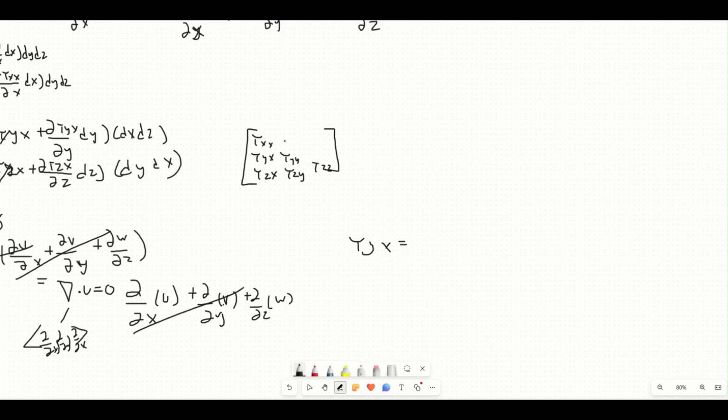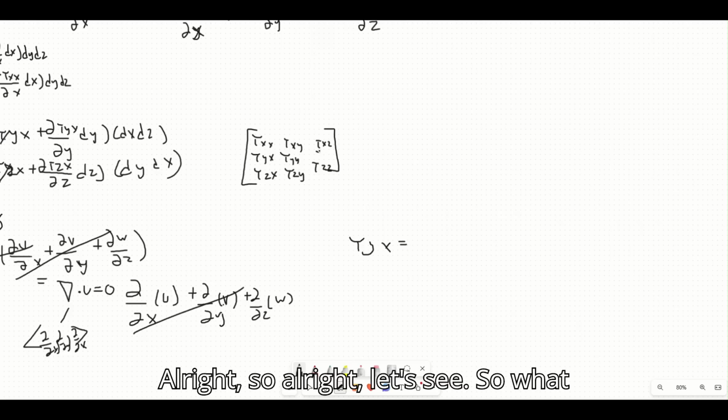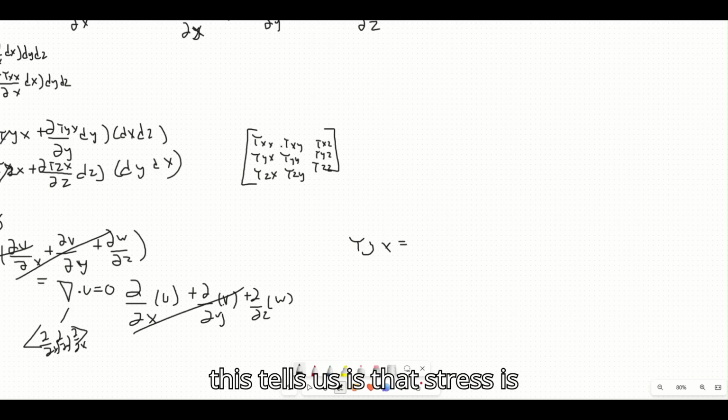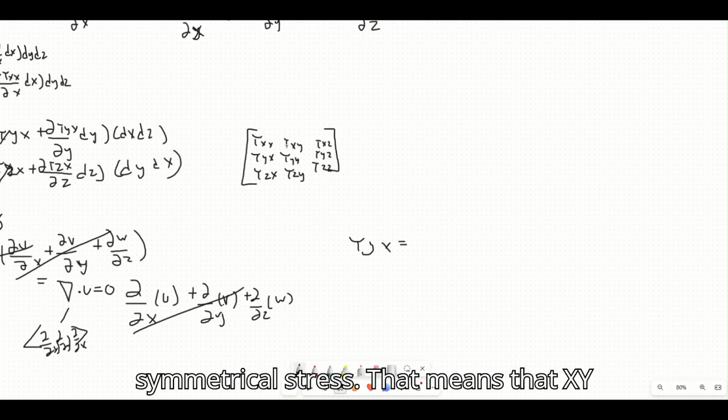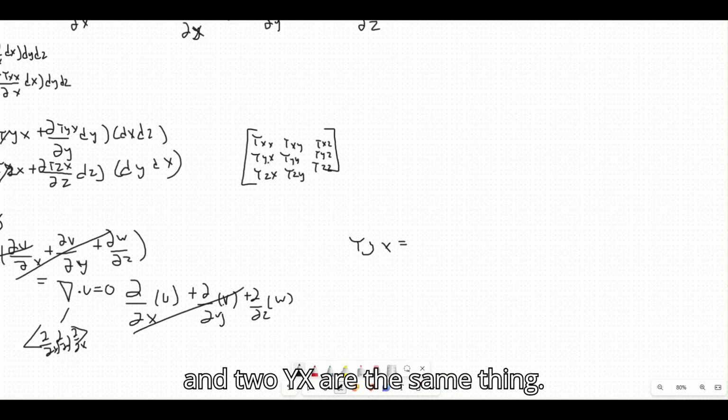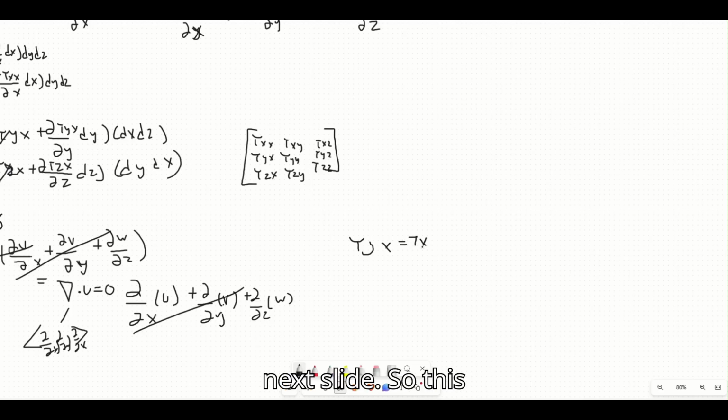YZ. So what this tells us is that stress is symmetrical. That means that tau xy and tau yx are the same thing. Tau zx and tau xz are the same thing. So tau yx is equal to tau xy.